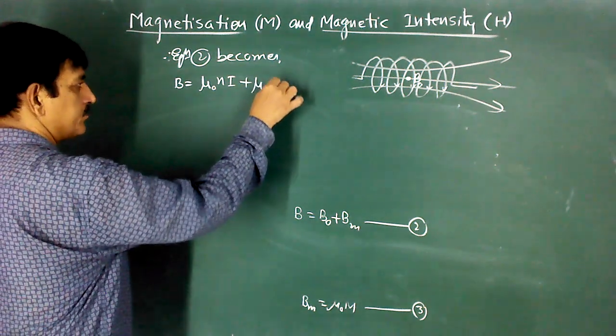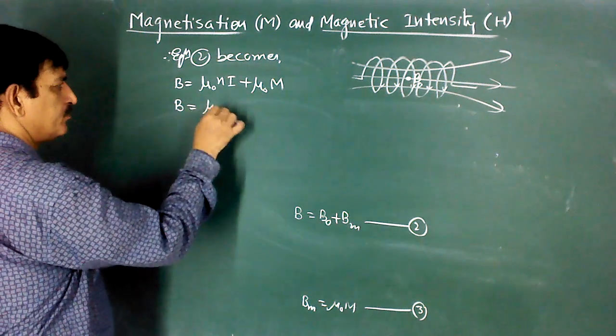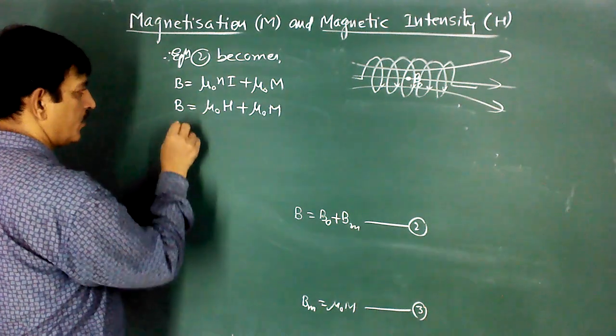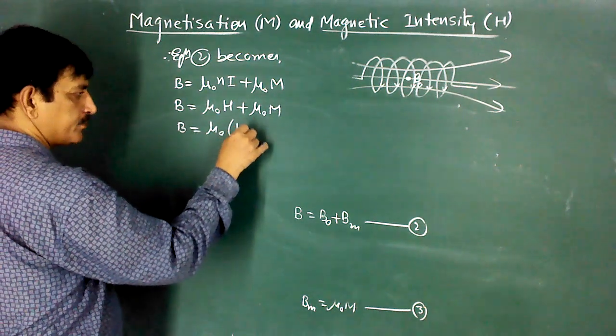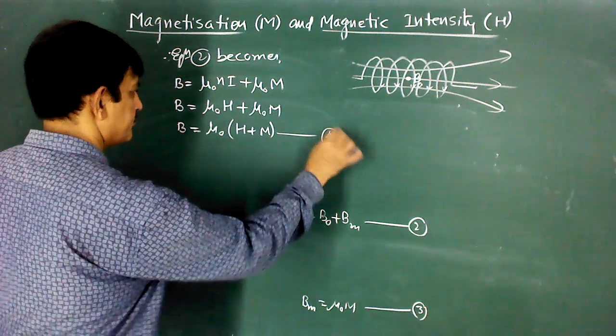Also we can write B is equal to mu naught H plus mu naught M, or B is equal to mu naught times H plus M. Suppose this is equation number 4.